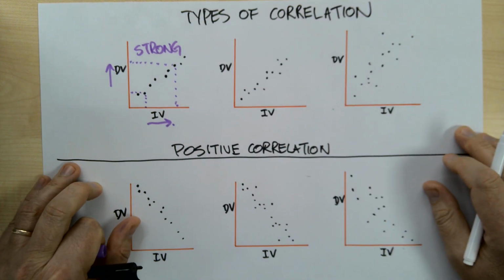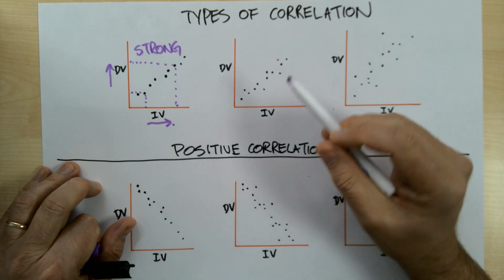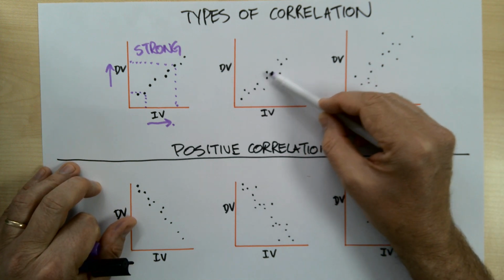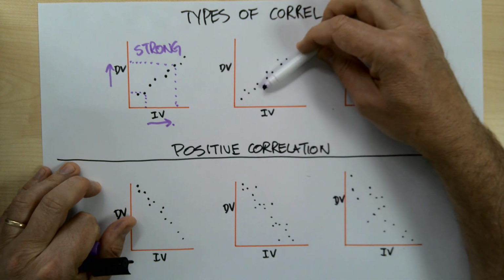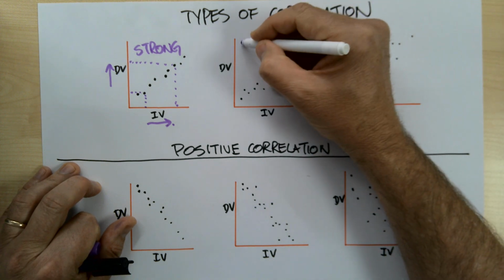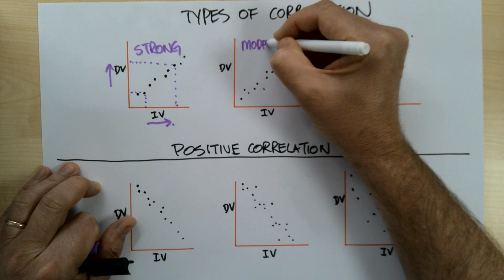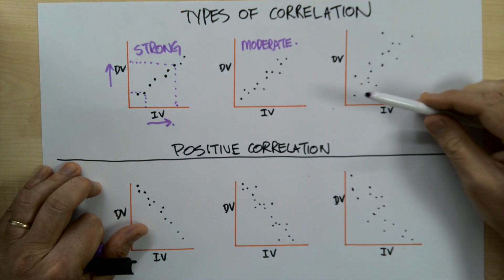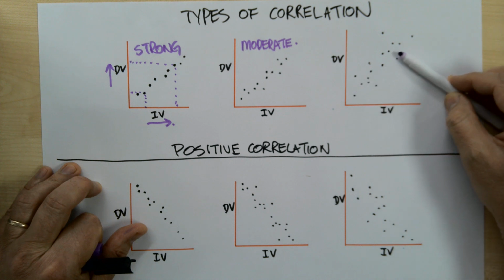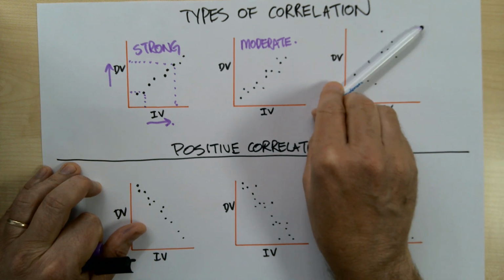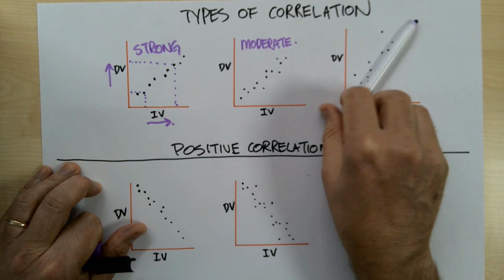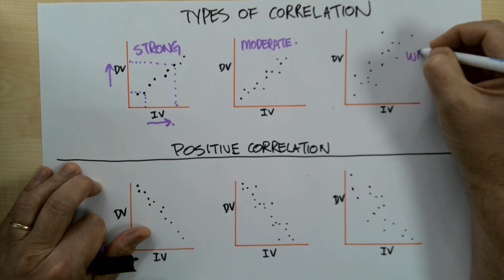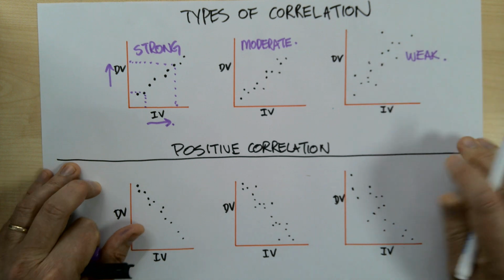If it's still basically in a band, but the band's a bit wider, then we say it's moderate. If you're still going up, there's a basic trajectory like this, but it's a bit all over the shop, then we say there's a weak correlation.